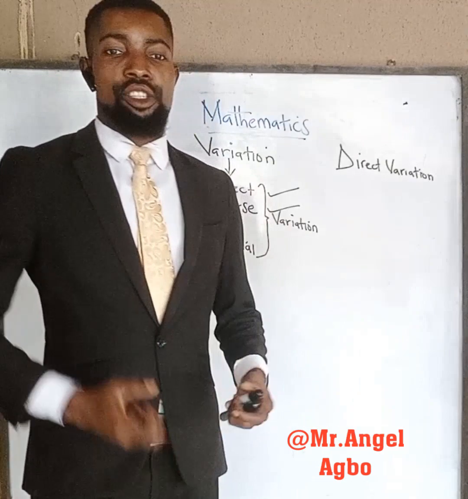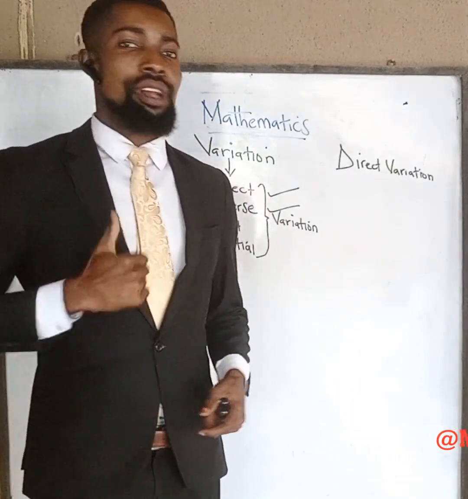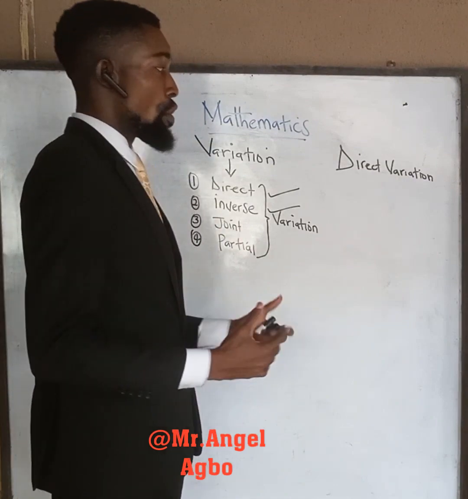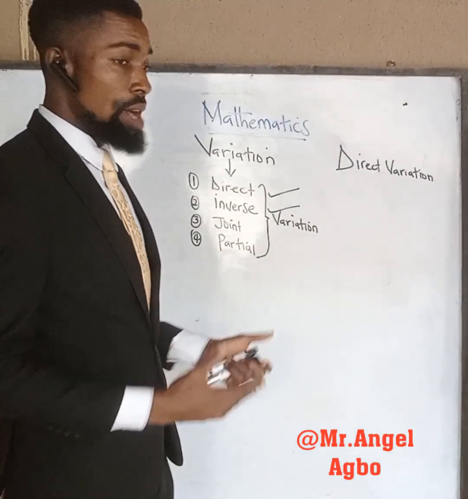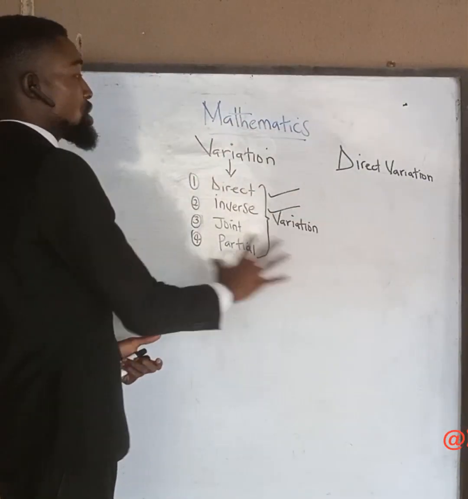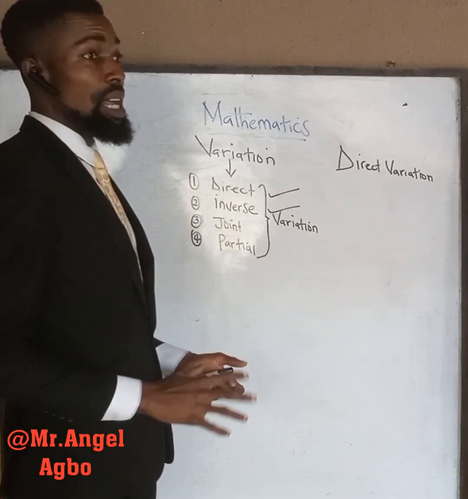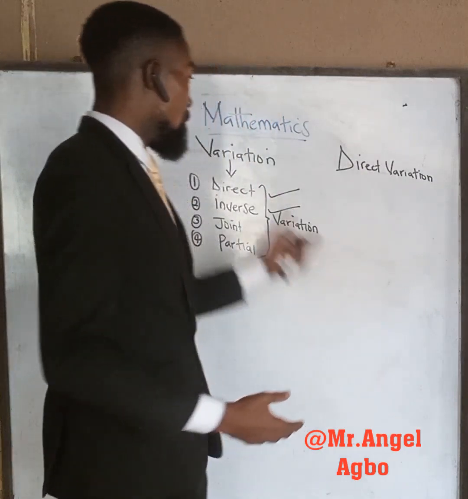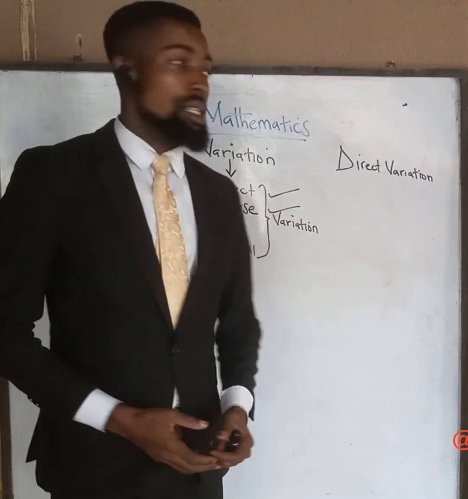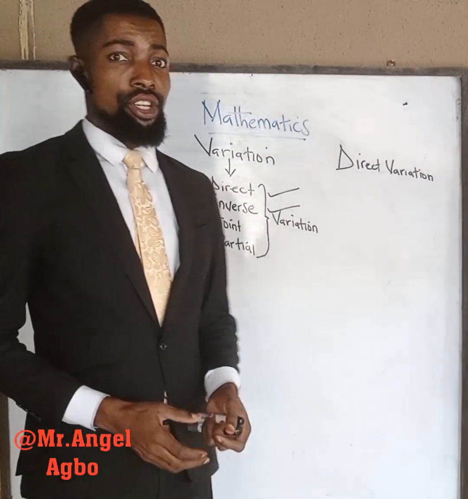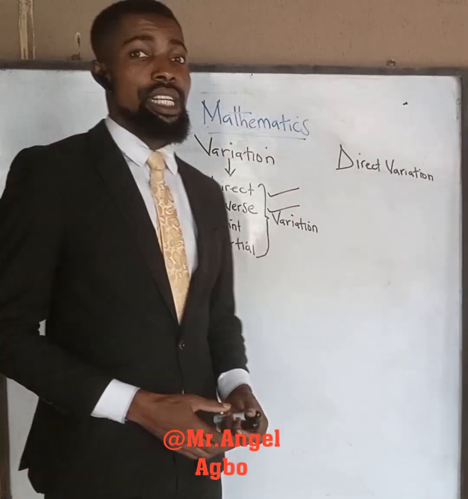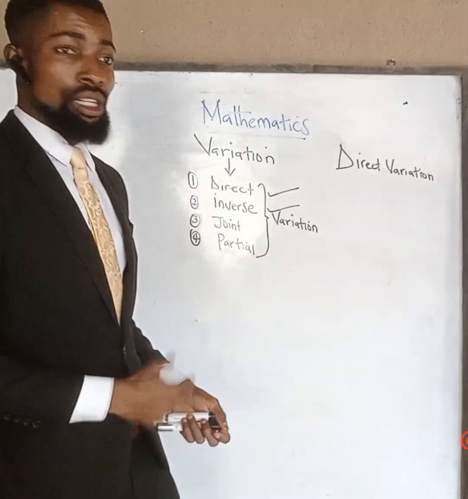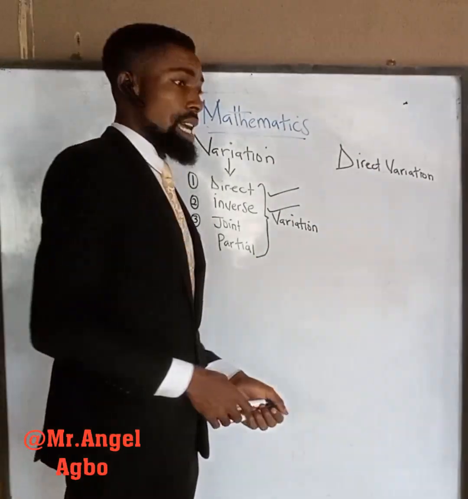It is so direct. But variation itself is a relationship that happens between two or more variables because it covers many types, so it's not only direct variation. Under direct variation is the relationship between two objects, two variables, two things at a time.